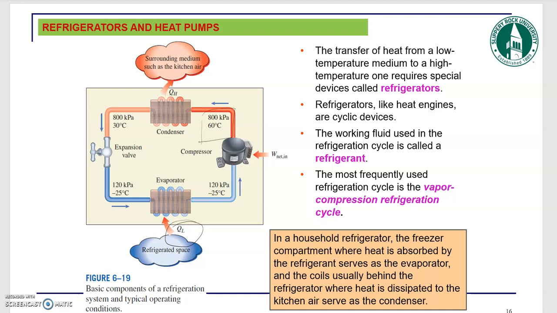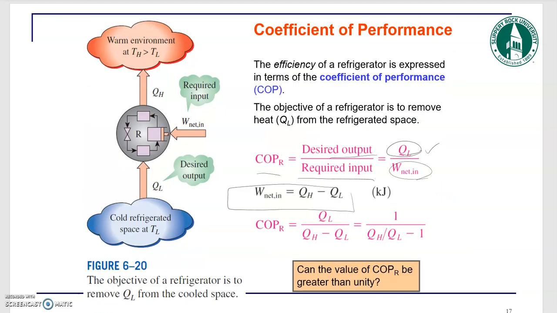You have heat absorbed from the refrigerated space, heat goes into the environment, W net in to the compressor, right? So W net is equal to QH minus QL, and what you have here is QL over W net, which is this definition, and it results in this equation for coefficient of performance of refrigerators.